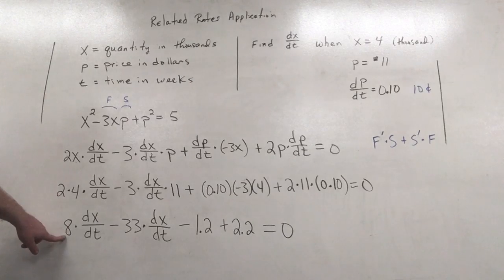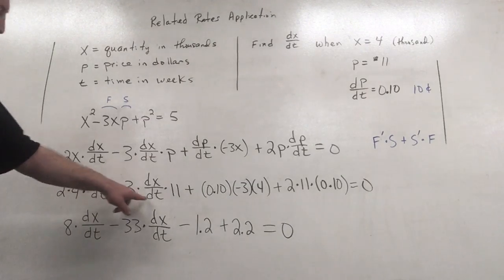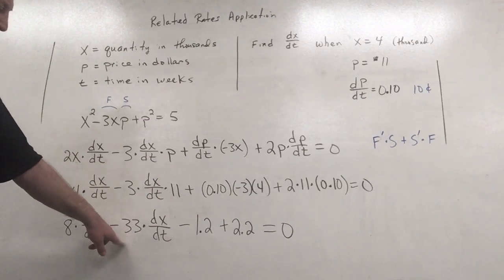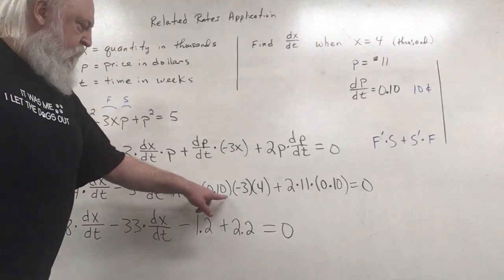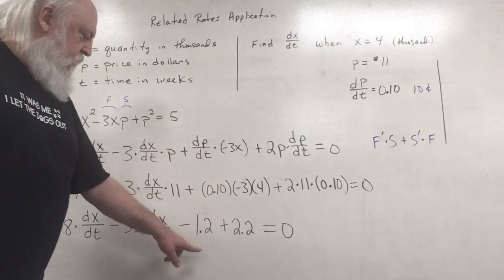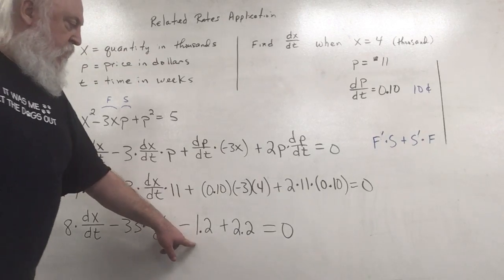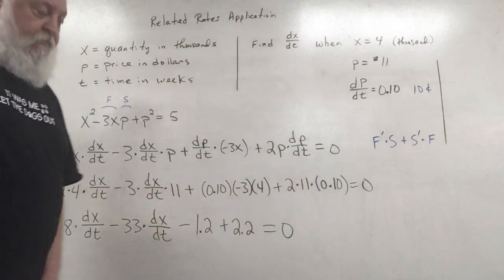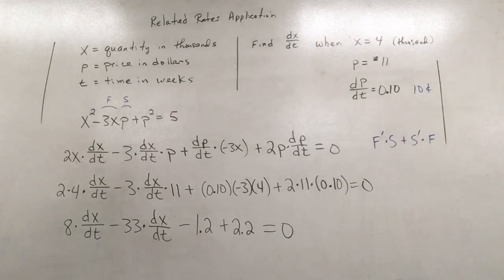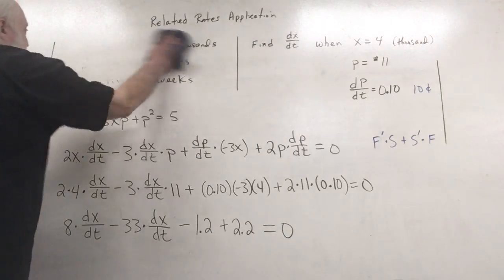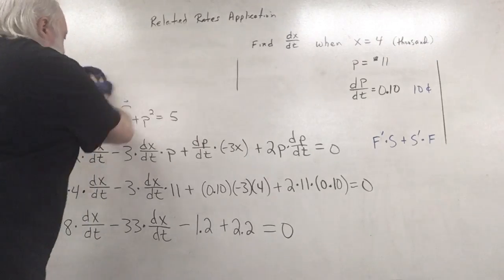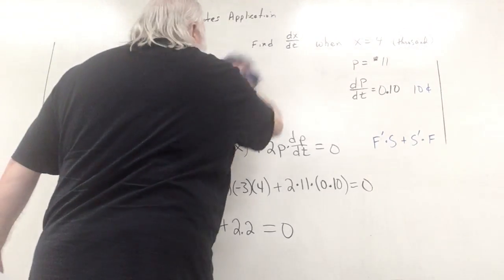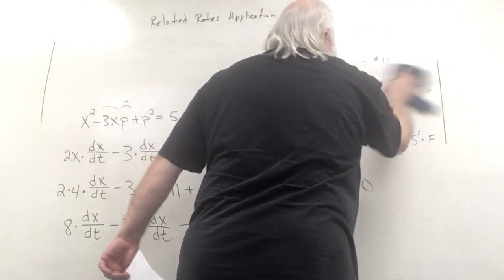2 times 4 is 8, minus 3 times 11 is minus 33, 0.1 times minus 3 times 4 is minus 1.2, and 2 times 11 times 0.1 is 2.2. Okay? We're almost there.